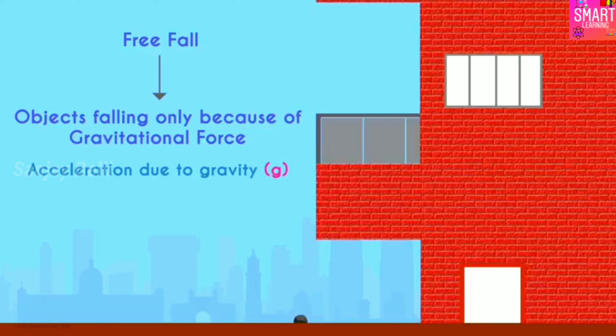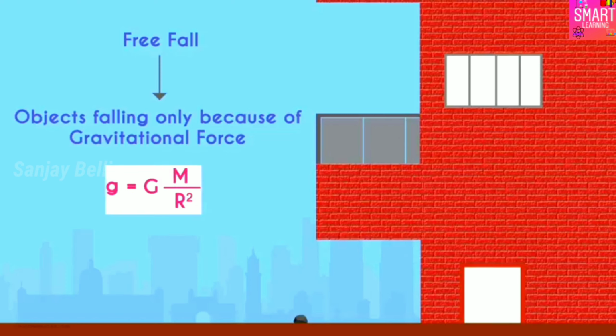lowercase g. Using a few mathematical equations, we derive the value of g as this. Remember, this is only for free fall for objects very close to the earth.